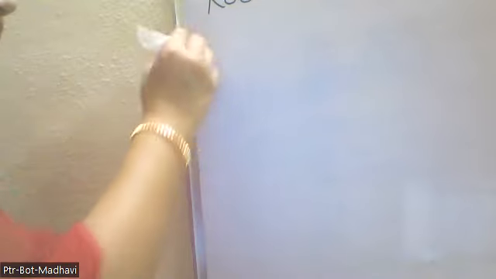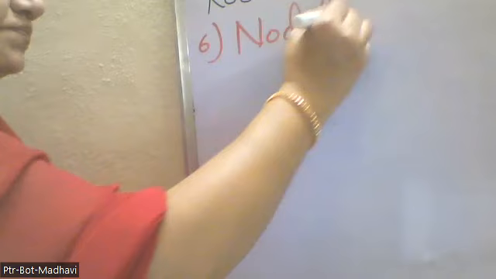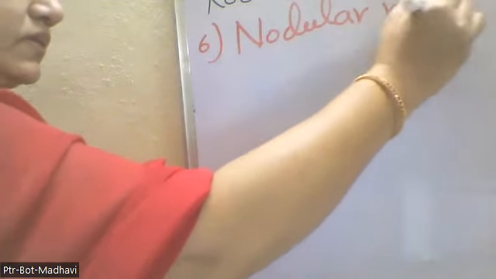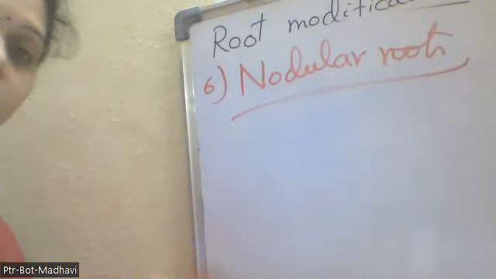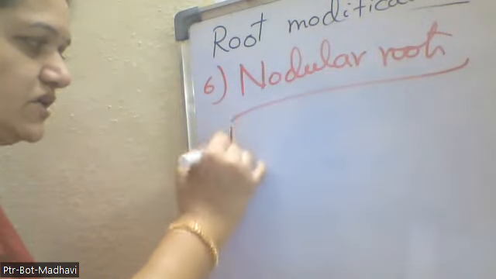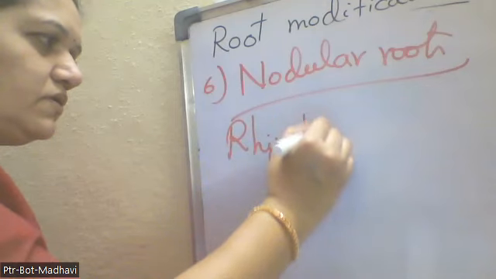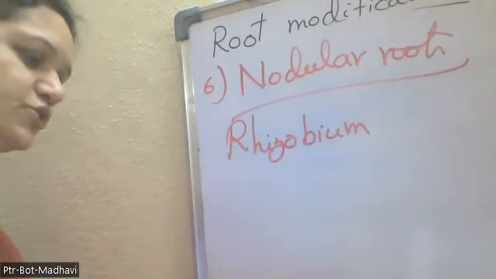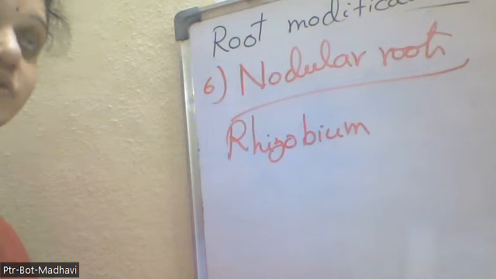So in that, what happens? Nodular roots live in a symbiotic association with highly evolved angiospermic plants, making nodules in the root system.